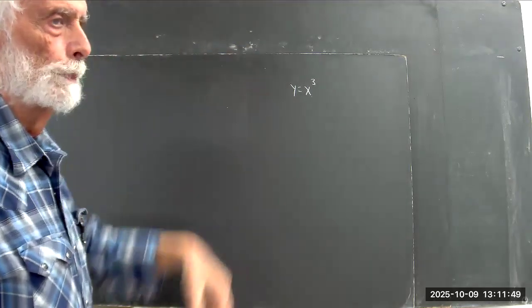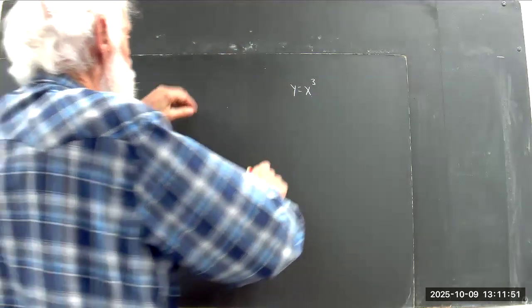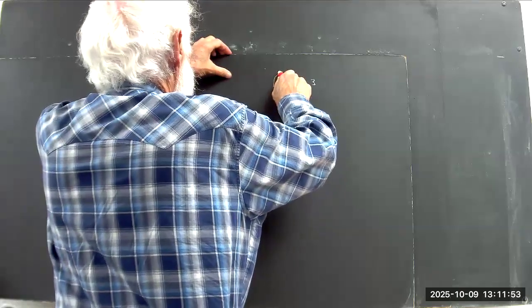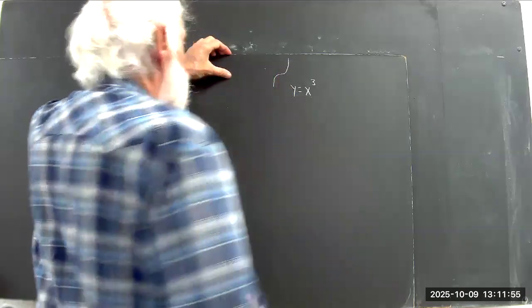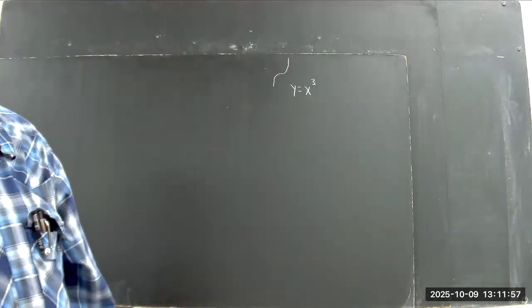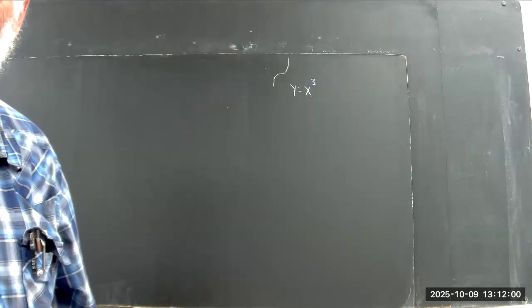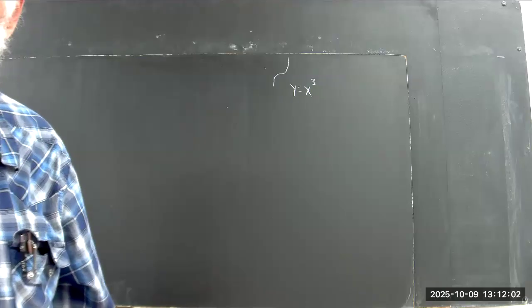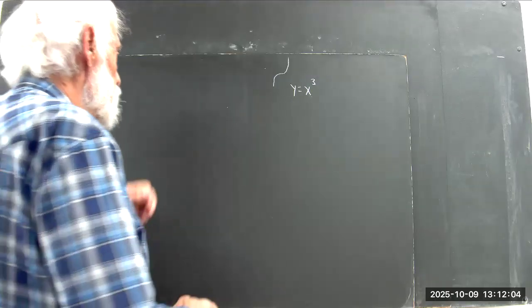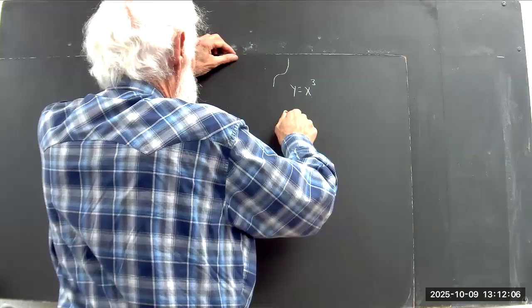The y equals x cubed graph, you should remember, has a graph shape something like this. Is that familiar? If it isn't, go back and review the first section of the book, first assignment. But we'll see why here in a minute, because we're going to make a table.